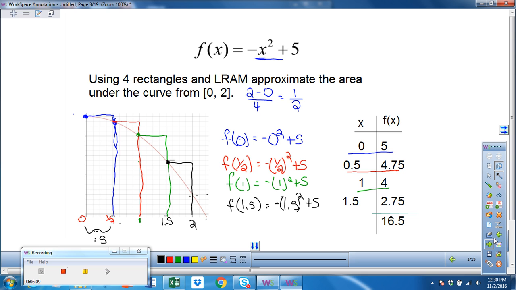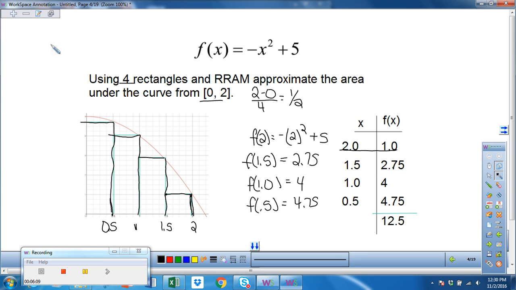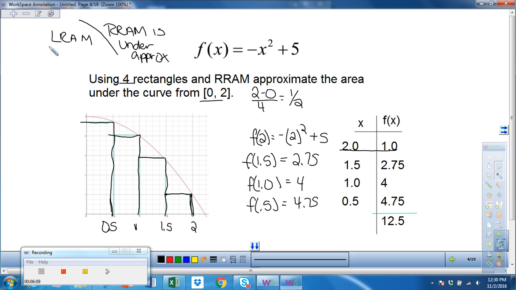And so we say that if the function is decreasing, then the right RAM is an under approximation, and a left RAM is an over approximation.